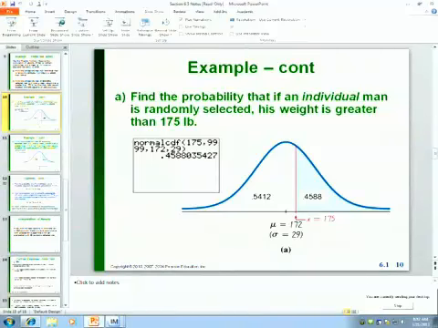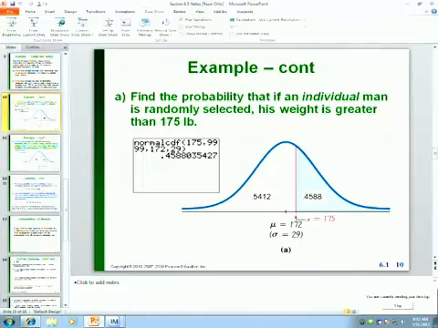You're going to say 175 would be to the right of the mean. And since you want the probability that his weight is greater than 175, the shading doesn't show up on here, but you would shade to the right of 175. Maybe on the slide that you have, you can go ahead and shade in to the right of 175.